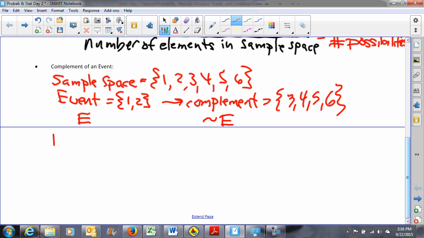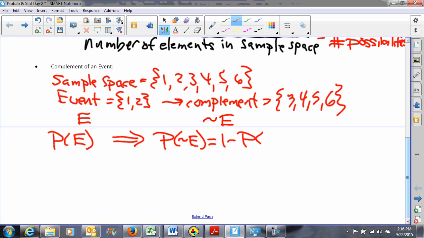If you know the probability of an event, then the probability of the complement of the event would be 1 minus the probability of the event. In other words, in these cases when we have an event and its complement, one or the other must occur. So if you want to know the probability of the complement of an event, you can, if you wish, subtract the probability of the event from 1, and that will give you that one.